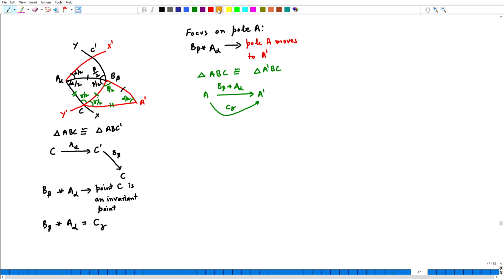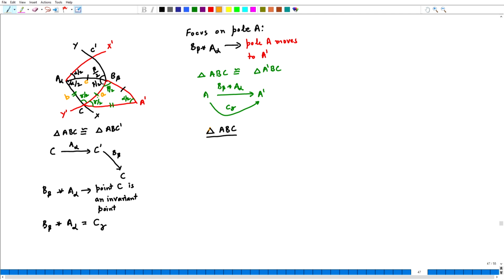Now, we will only focus on the triangle ABC and look at all the angles that this triangle has. So, I have the interior angles of this triangle as alpha by 2, beta by 2, gamma by 2. What about the angular distance between poles A and B, B and C, and A and C? Let us denote the distance between A and B as c, between A and C as b, and between B and C as a.